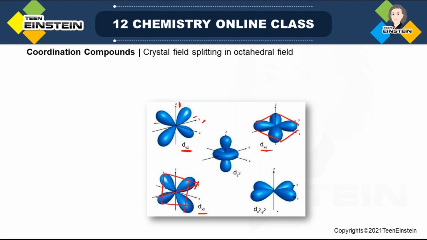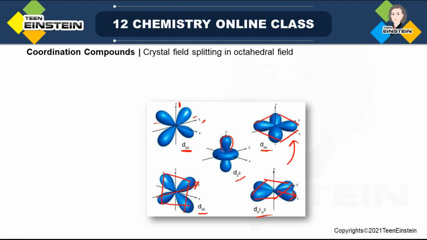Then the fourth one, when I am saying it is dx square minus y square, again it is in the xy plane, just like this. But try to understand the difference. Now the lobes are along the axis, as if the axes are cutting through the lobes, right? And when it is dz square, it looks to some extent different, but here the lobes are again along the z axis.